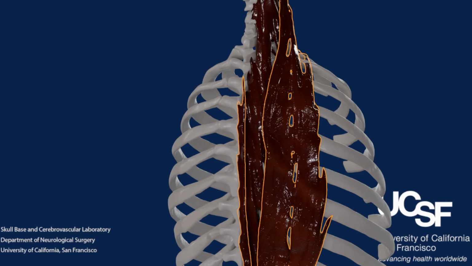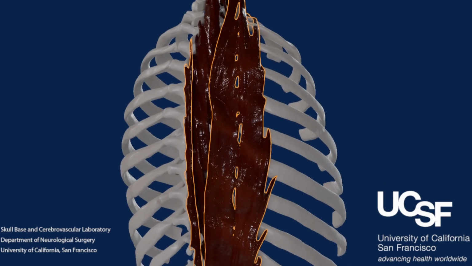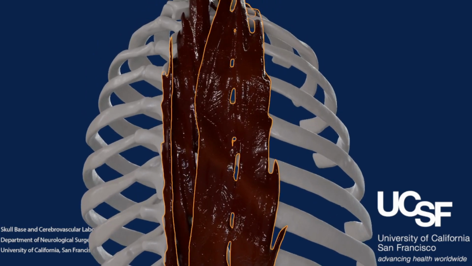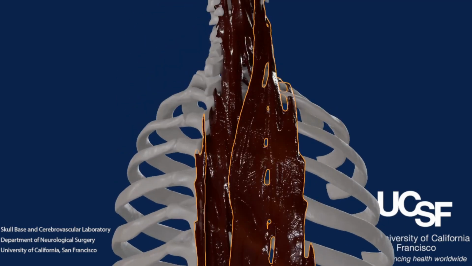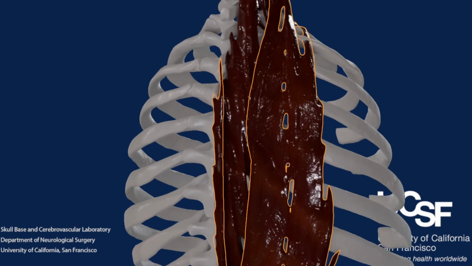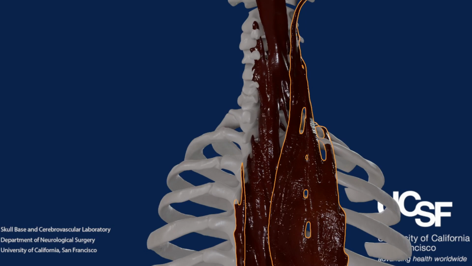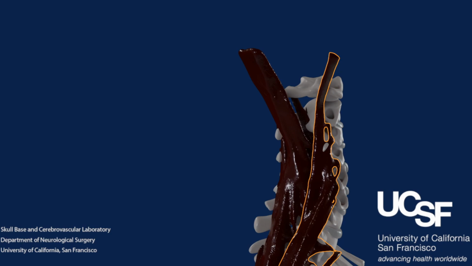The iliocostalis muscle, which is the most lateral group of muscles, is formed by a thoracic segment, a lumbar segment, which is more inferior, and a cervical segment, whereas the longissimus muscles are formed by a thoracic group of muscles, a cervical group of muscles, and the most superior projection of these muscles, which are the longissimus capitis muscles.